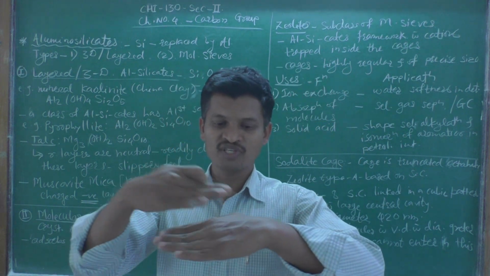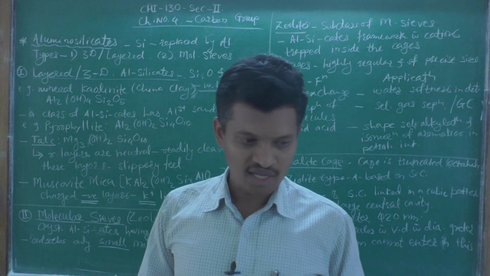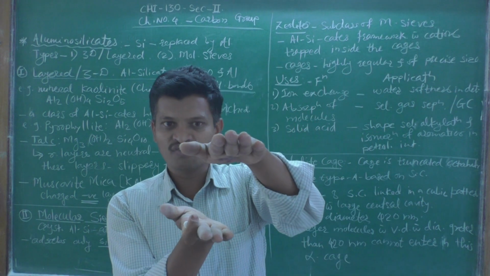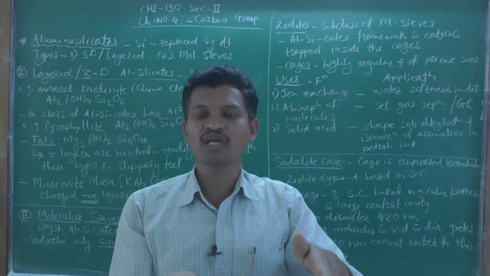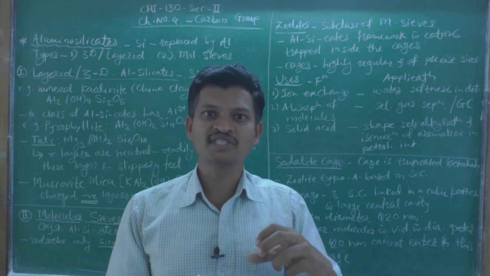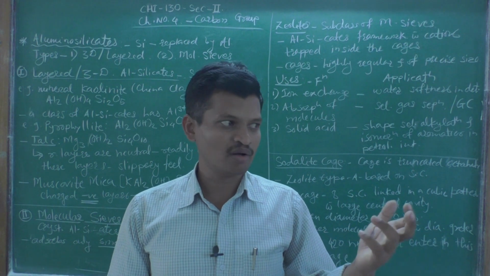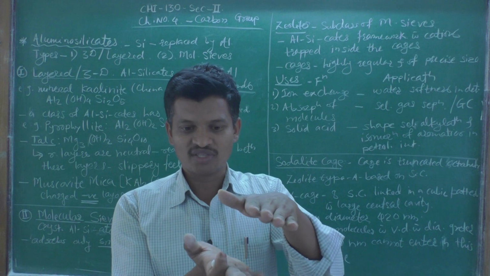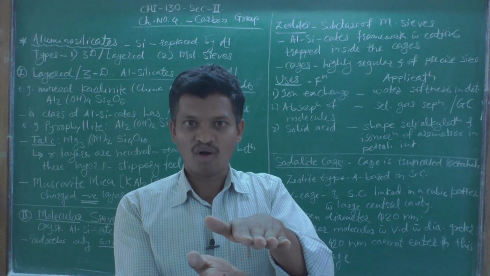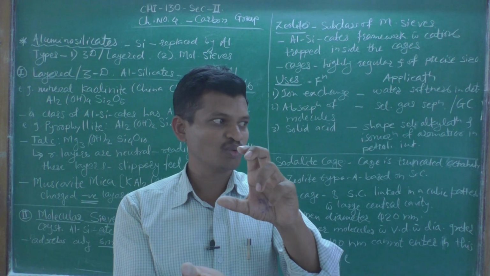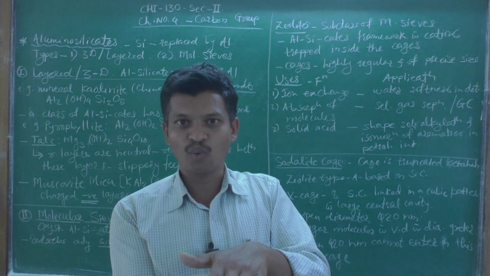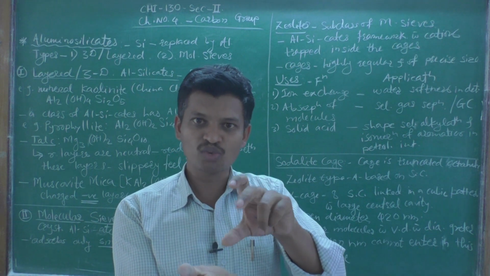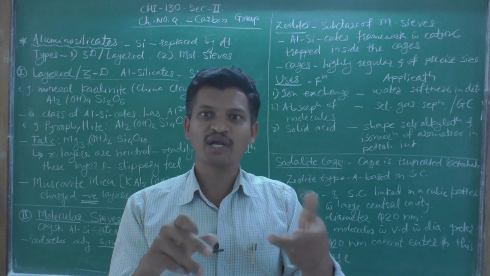Another class of aluminosilicates has aluminum 3 plus ions which are sandwiched between these silicate layers. So this is the first layer, this is the second layer. Just like we eat a sandwich prepared in hotels: the upper layer of bread, the lower layer of bread, and in between these two layers we have a potato chutney.